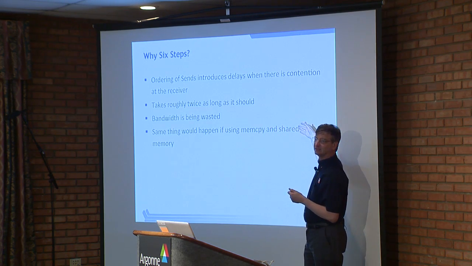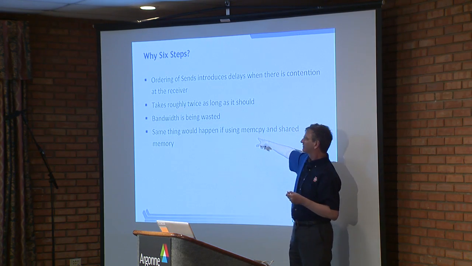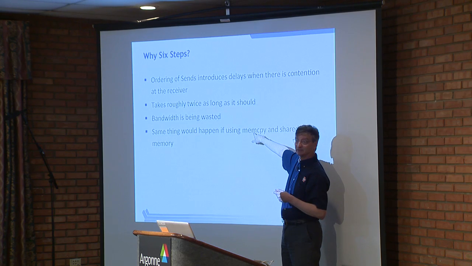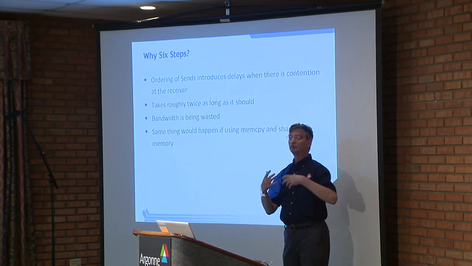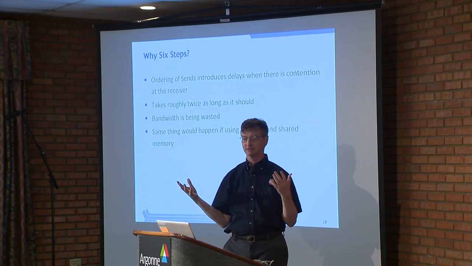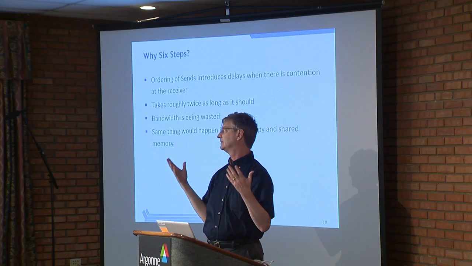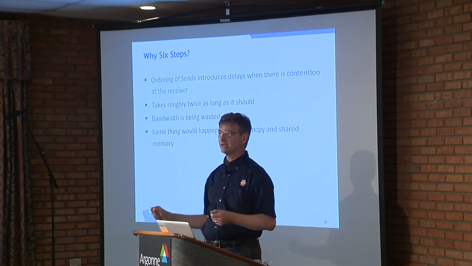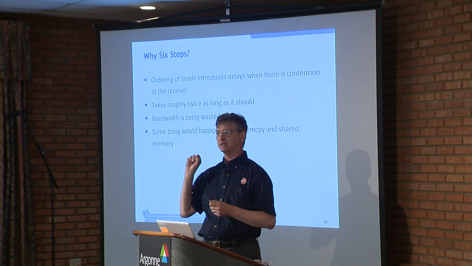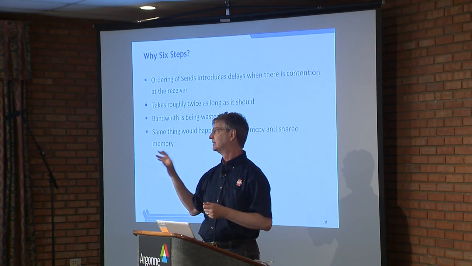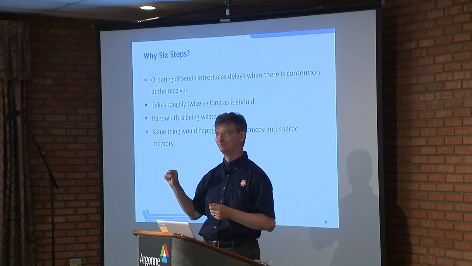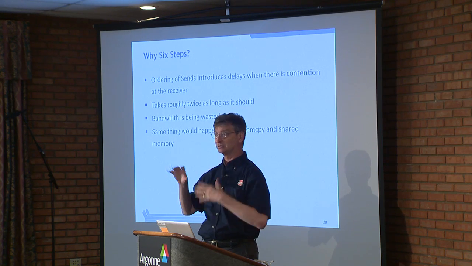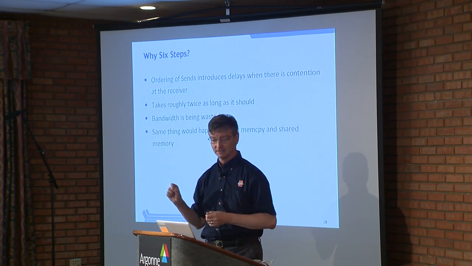That's what usually happens. And this also happens, for example, if you're using memcopy and shared memory. In this case, this is a problem because memcopy is also blocking. So if you do this sort of code using a shared memory or one-sided model where you eliminate the receives because it's one-sided, but use the sends as memcopies, the sends are blocking. And in that case, you're just not going to be able to get good performance.